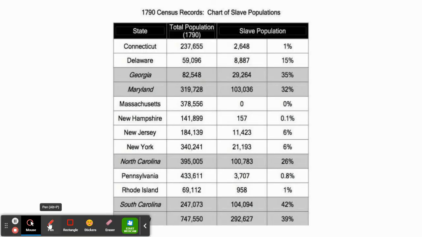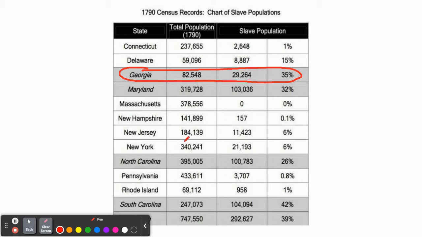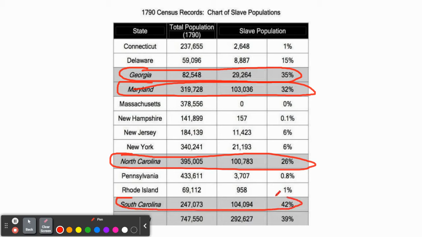And here's why. If you look at Georgia and Maryland and North Carolina, the southern states, South Carolina, Virginia, which is down here but you can't see, right?